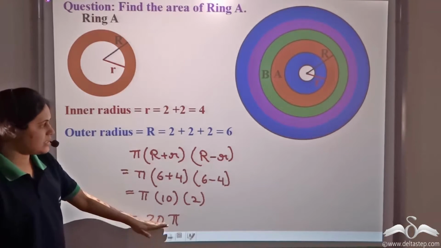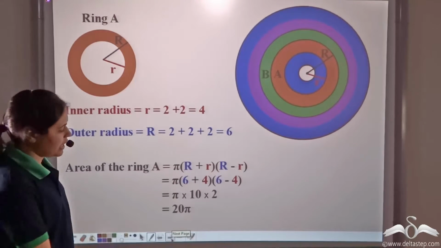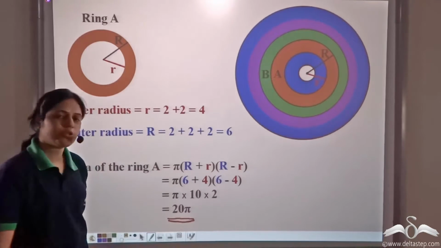So this is the area for ring A. So the area of ring A is 20 pi.